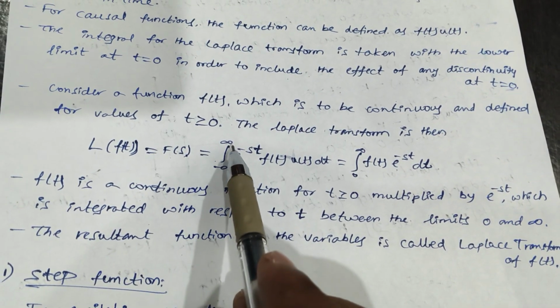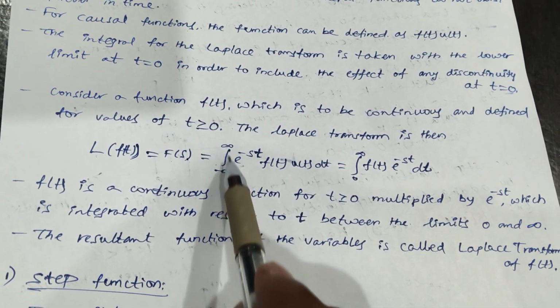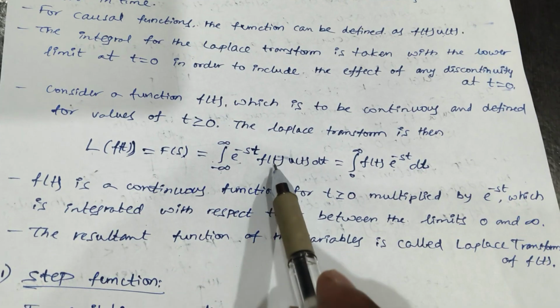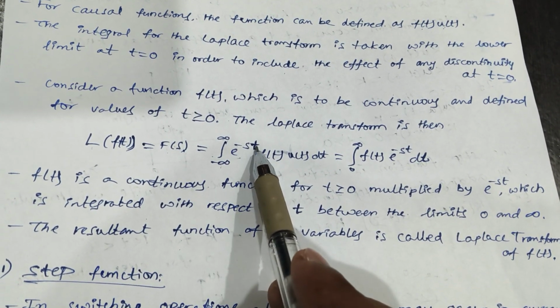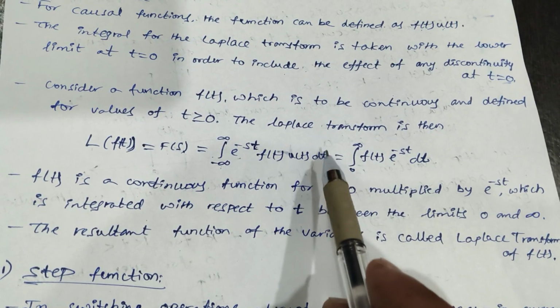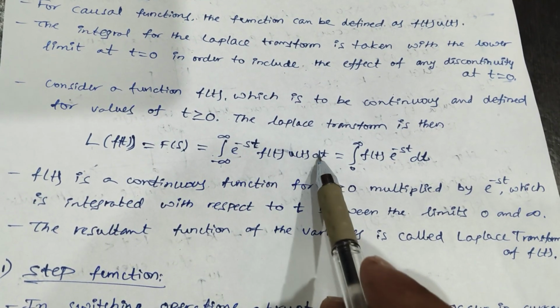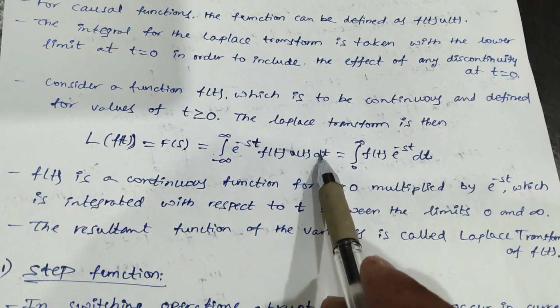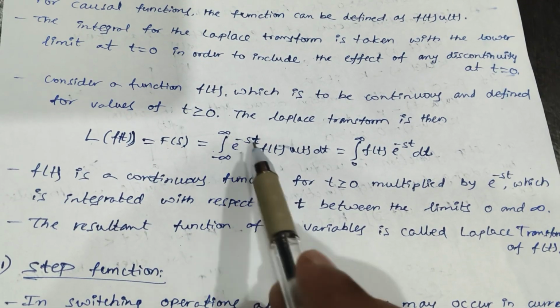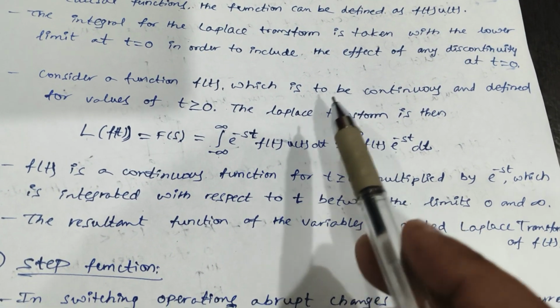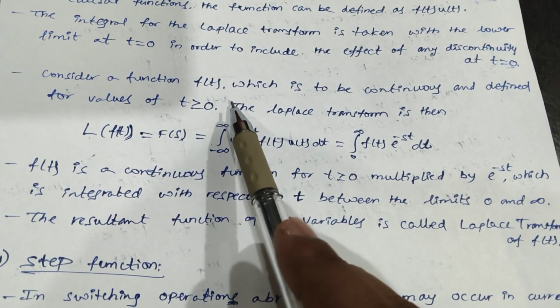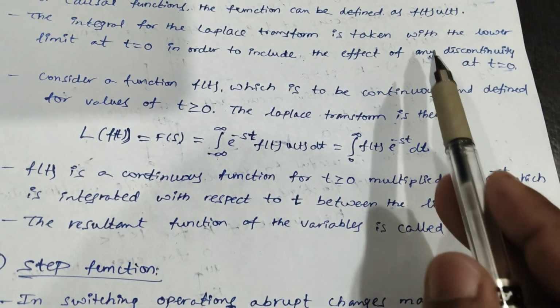The general definition is integral from minus infinity to infinity. You need to multiply that function with e power minus st and integrate with respect to dt. That means integral minus infinity to infinity e power minus st f of t into u of t into dt. But like we said, we are doing it only for causal functions.